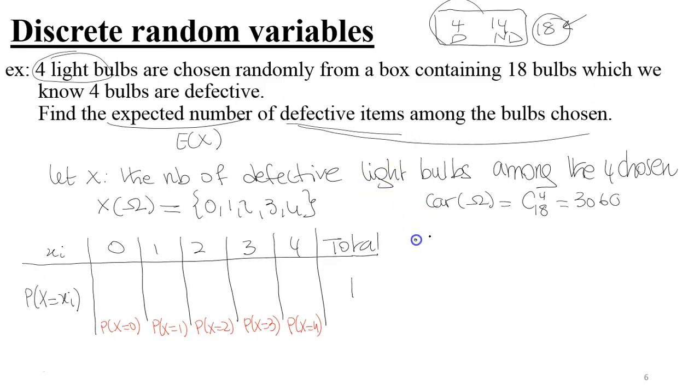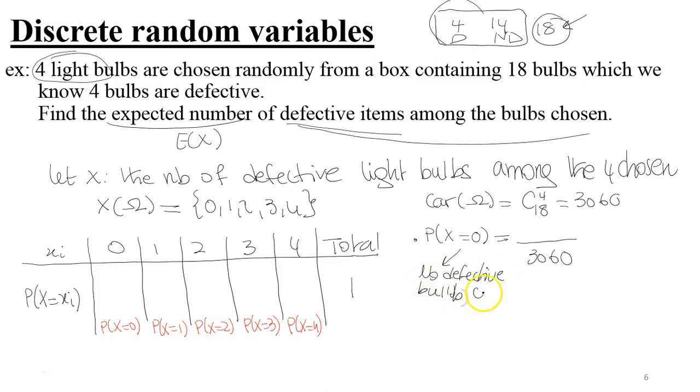Now let's start with the probability of X equals 0. We know that we have a total of 3060 outcomes. X equals 0 is the event that corresponds to no defective bulb chosen.